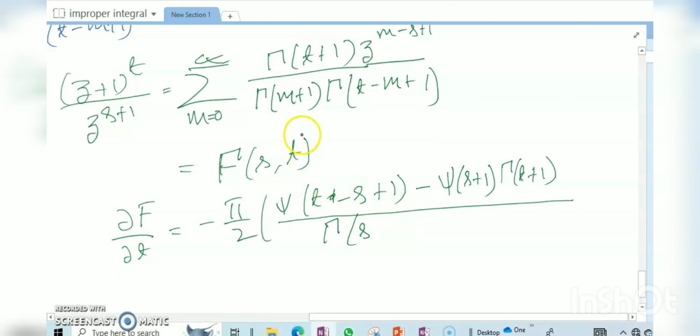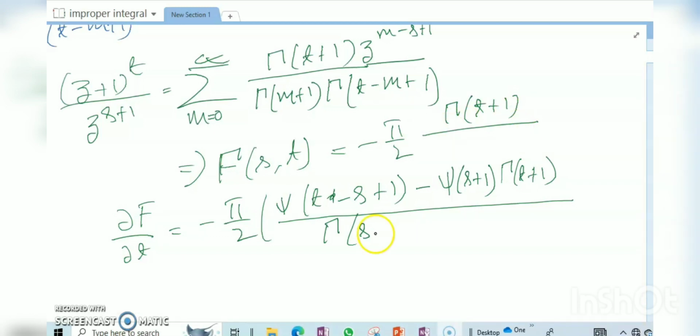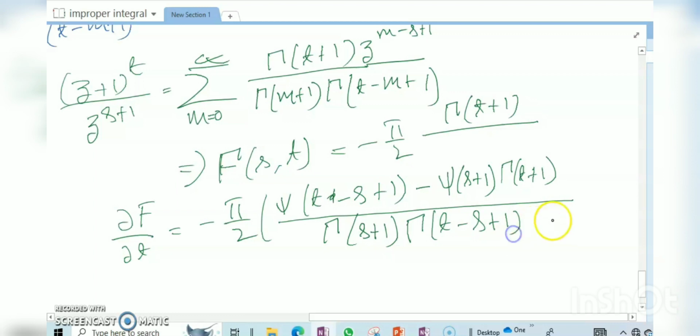Okay, f(s, t). So f(s, t) value is equal to minus pi by 2 gamma t. So this value is gamma s plus 1 and gamma t minus s plus 1, and this is the total bracket.